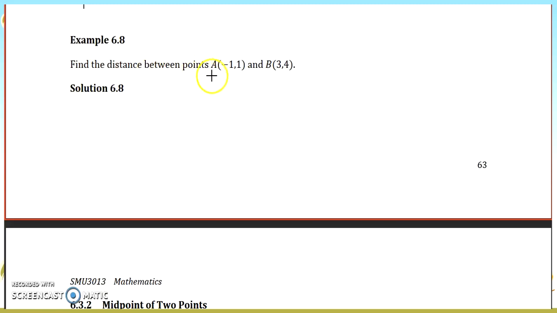Find the distance between points A and B given these coordinates. The distance between points A and B is the square root of the difference between x components, 3 minus negative 1, squared, plus the difference between y components, 4 minus 1, squared.